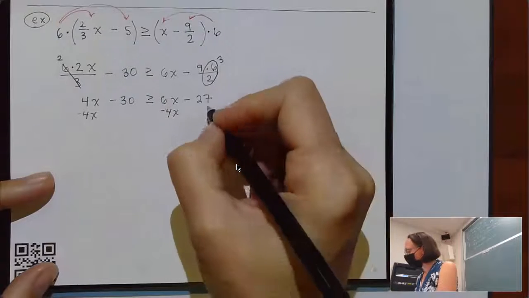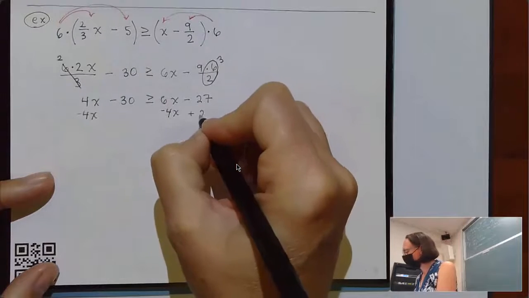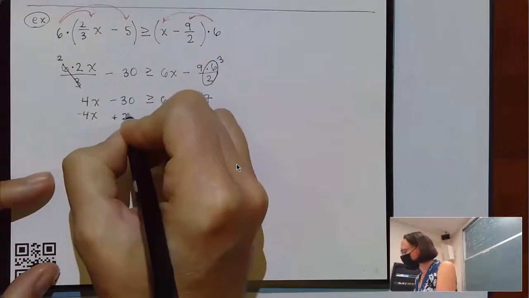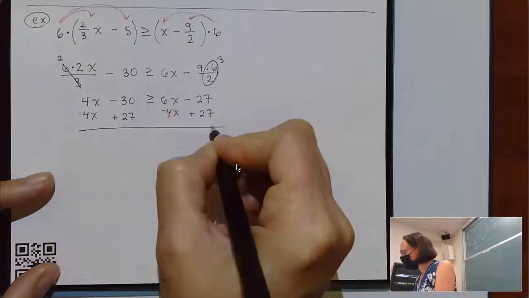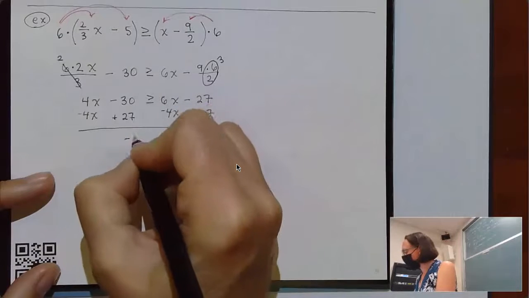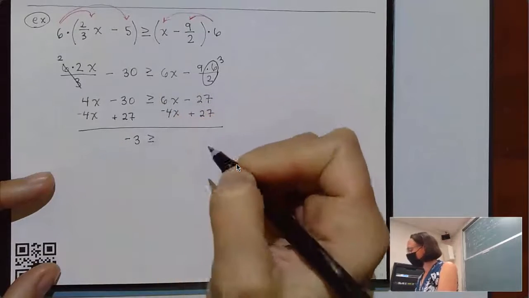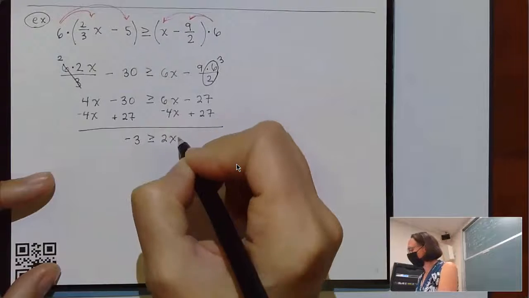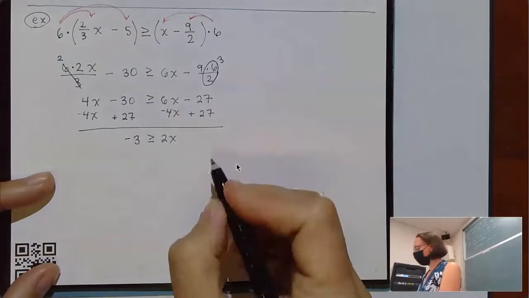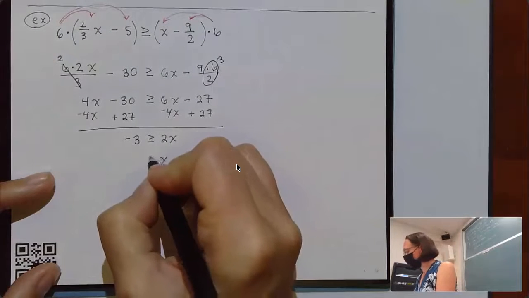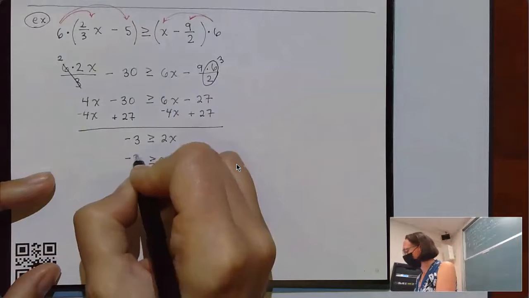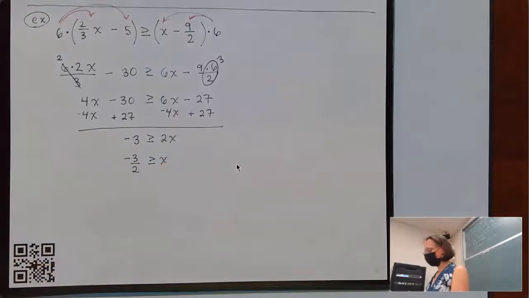And just to be efficient on the same line, I'm going to add 27 to both sides. On the left-hand side, that's going to leave me with -3. And on the right-hand side, I'm going to have a 2x. So I am looking at x is less than or equal to -3 halves.